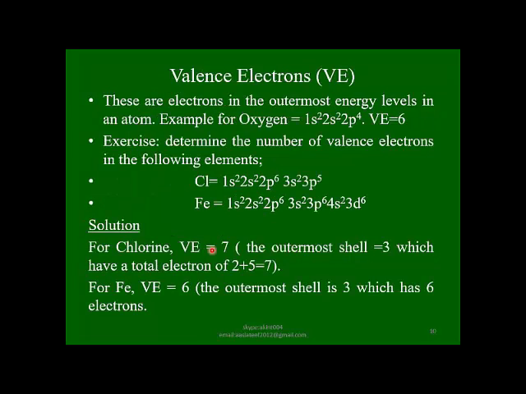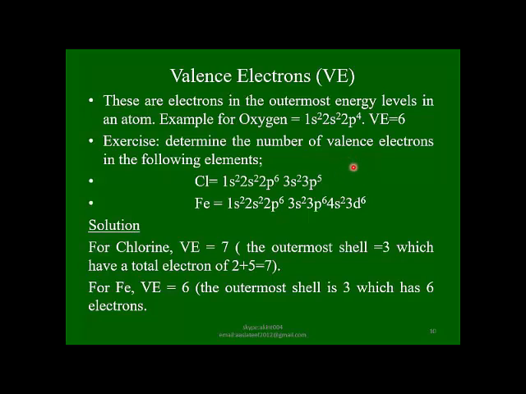So we now go to the concept of valence electrons. What is a valence electron? These are electrons in the outermost energy level in an atom. Energy level is also called shell. It is only in hydrogen and helium, I think, that we have only one shell.